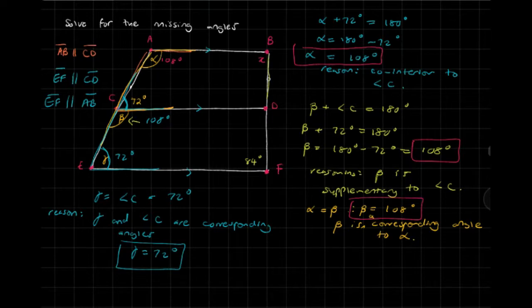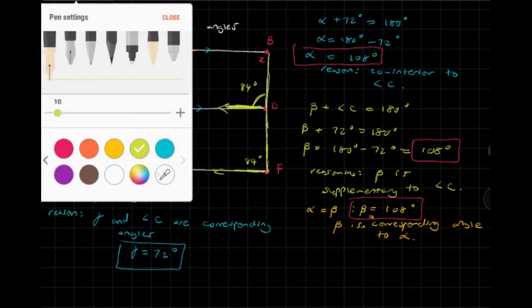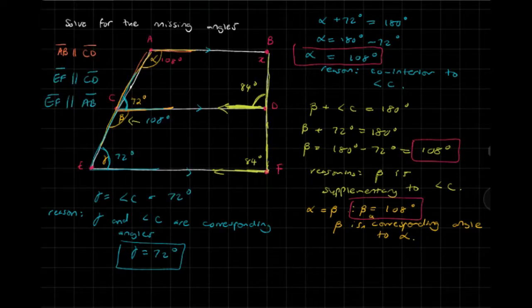Okay, so what we can do here is, we have a series of corresponding angles. So angle F should be equal to angle D, so this should be 84 degrees. And as a result, for X, X plus angle D is equal to 180 degrees.